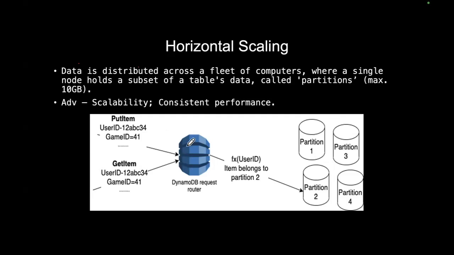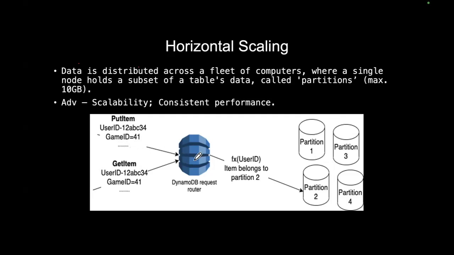And so if we look at the diagram, the way it works is, if we want to write an item to a table, let's say it's our user games table that we're talking about. Put item is the actual operation in DynamoDB to write a new item. And I'm giving it the primary key, which is a composite primary key in this case of user ID and game ID. There'd be other attributes as well. We don't need to show that here.